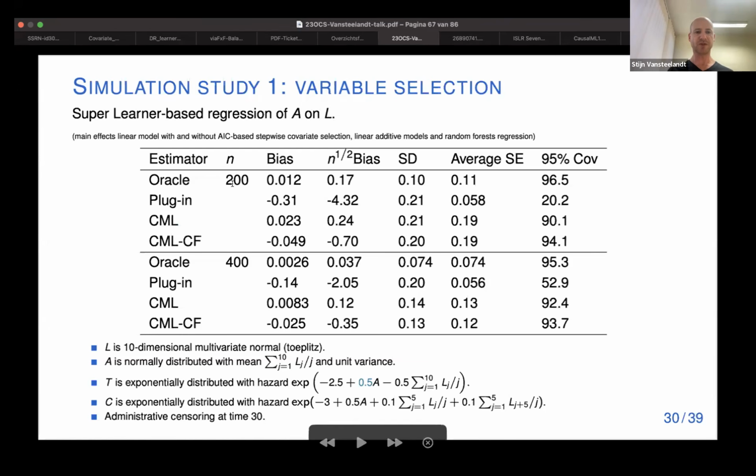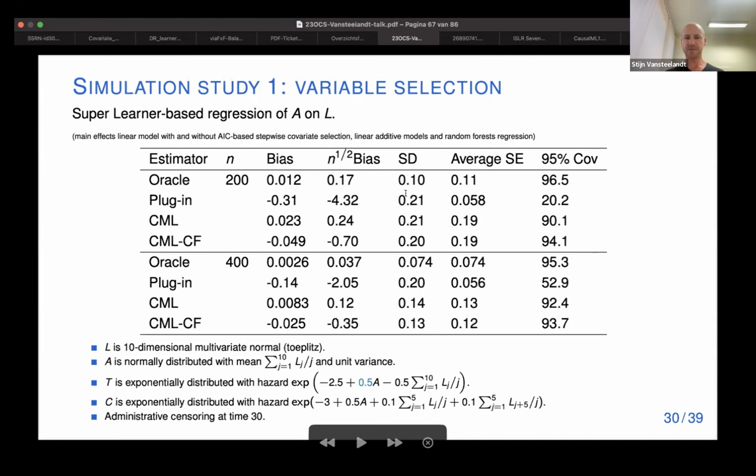At sample sizes 200 and 400, you can see a naive plugin estimator, which is not relying on the efficient influence function, but is a bit along the lines as sketched before. In fact, here the plugin estimator amounts to doing post-lasso, so using a lasso-based variable selection and then refitting the Cox model with the selected variables. And that gives a lot of bias, as you can see.